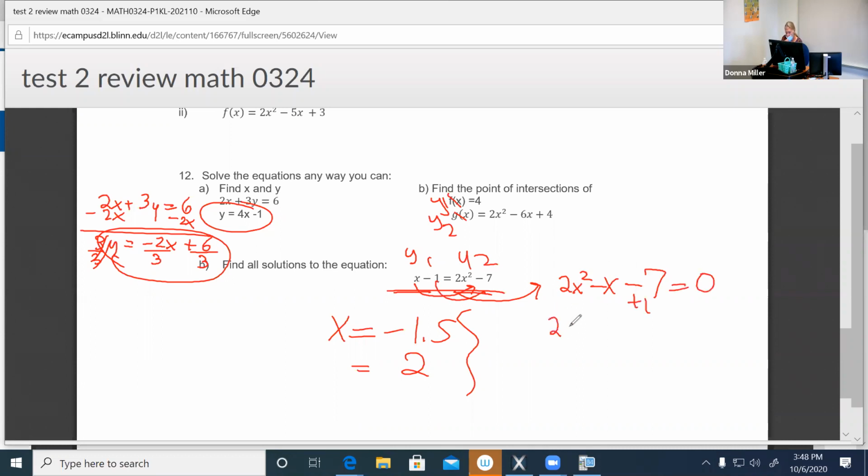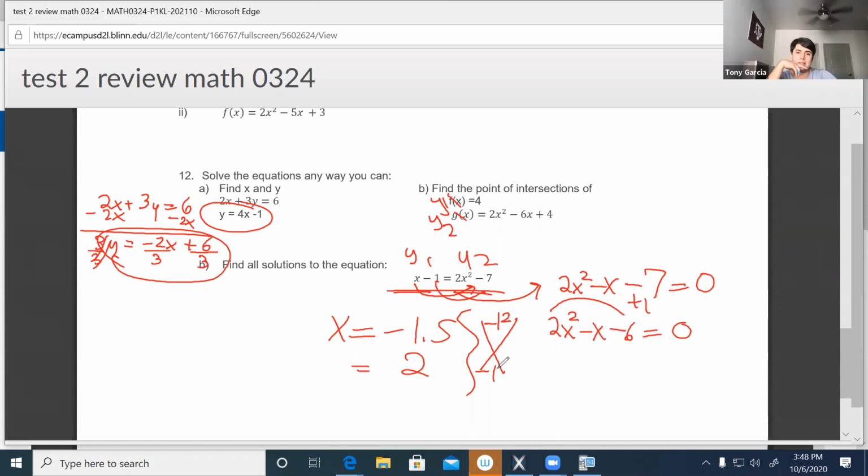So if you move everything to one side, I can't take out a common factor, but I can factor this. So factors of -12 that add to -1, what would they be? -4 and 3.